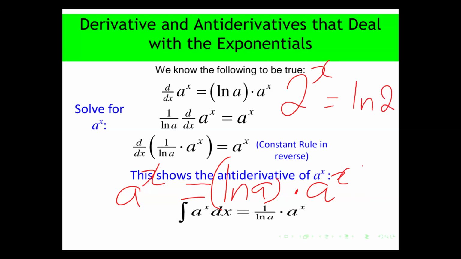Of 2, isn't it? The natural log of 2, times 1 over the natural log of 2 times 2 to the power x. Again, it's the same stuff that we have completed. You see, now? Okay.